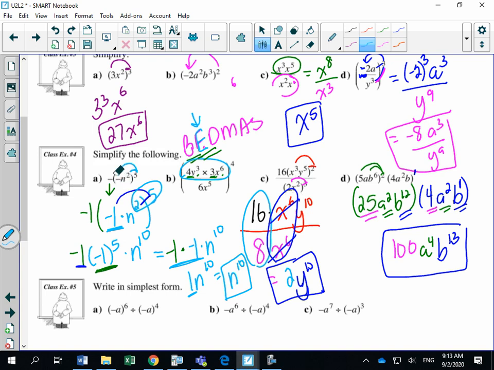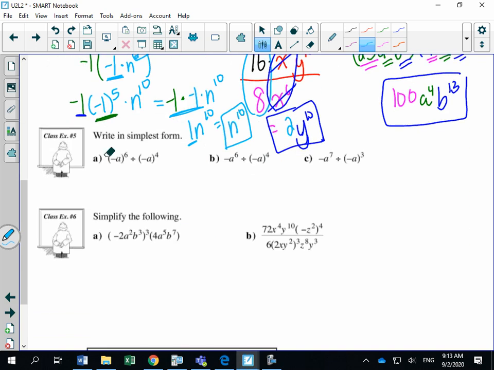So this question leads directly into class example 5 now. Okay? So class example 5, what I really have here is -1 a to the power of 6 divided by -1 a to the 4.